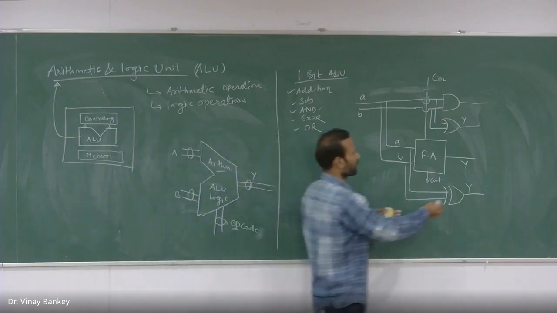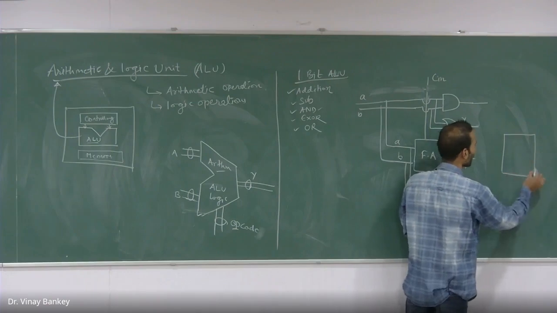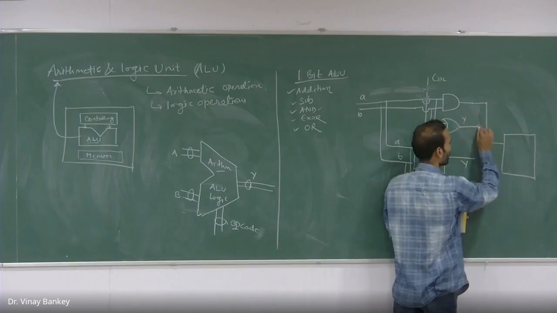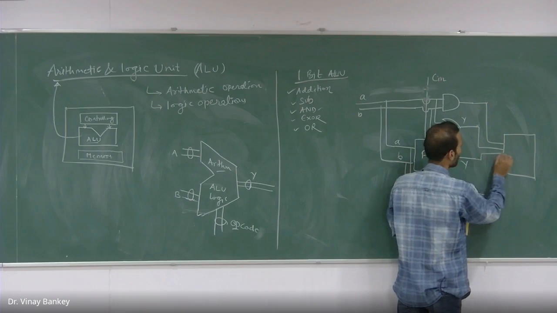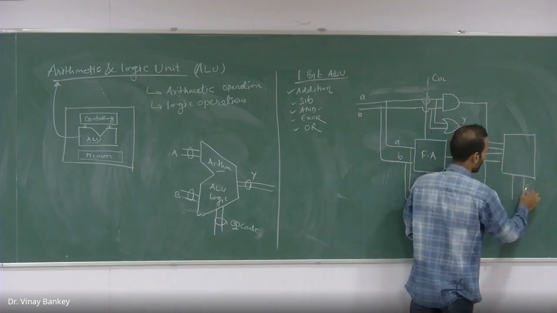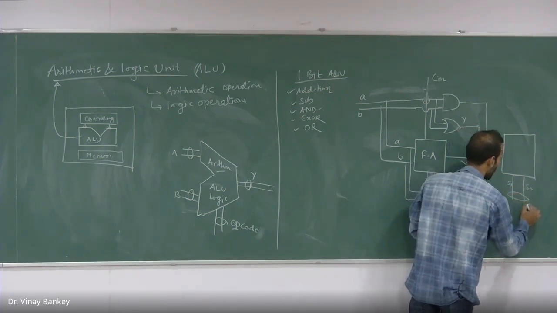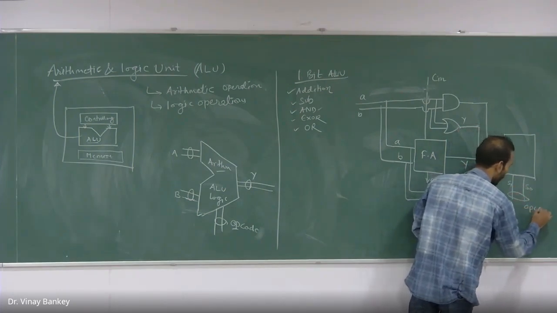So you need one multiplexer. Which type of multiplexer do you need here for the 4 inputs? A 4 cross 1 multiplexer. These are your selection lines S1 and S0, and this will be called the operation code.